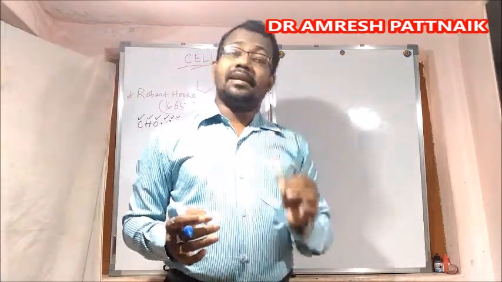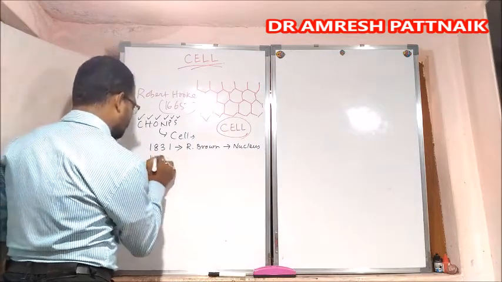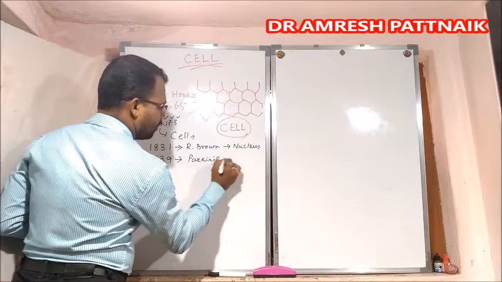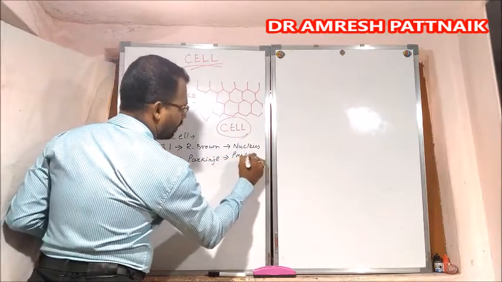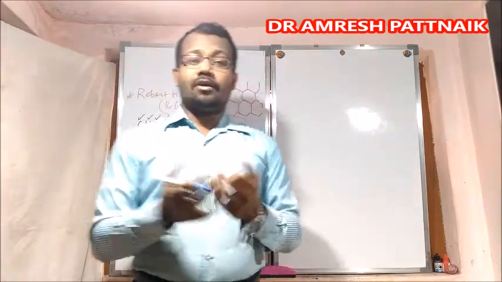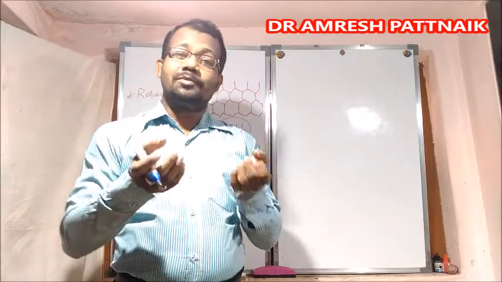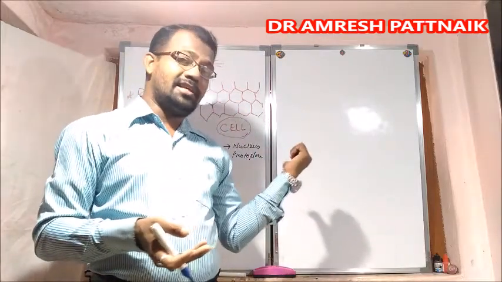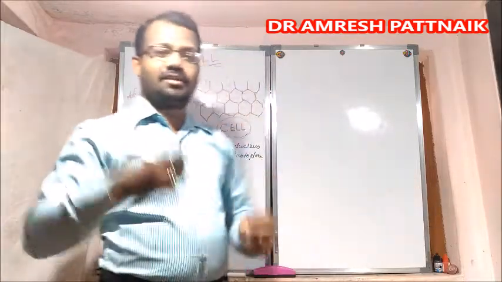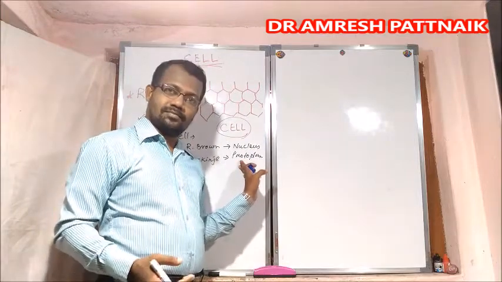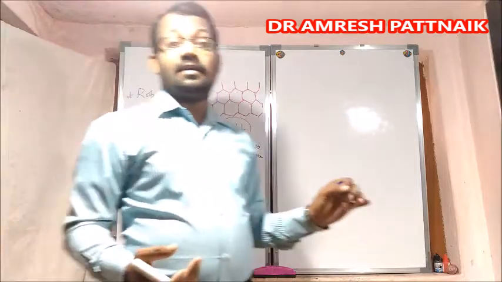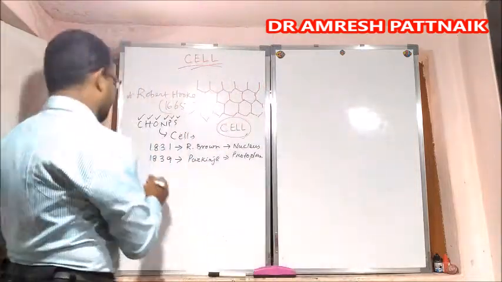In 1839, Purkinje discovered protoplasm. Protoplasm is the vital liquid of our body which enables the organism to live; if it is present, then we are alive. Our life is sustained due to the presence of this liquid known as protoplasm.